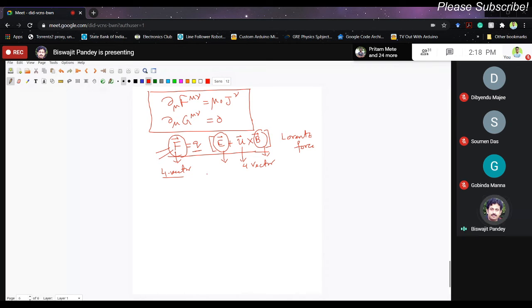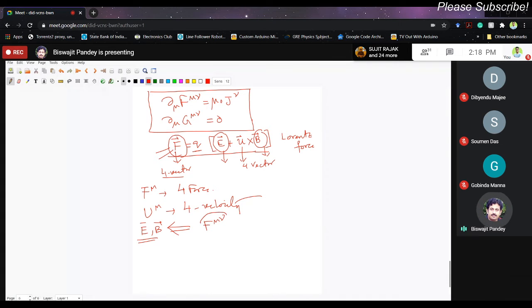And E and B. So in 4 dimensions we have F mu, the 4-force, and the velocity is described by U mu, the 4-velocity. E and B come from F mu nu.